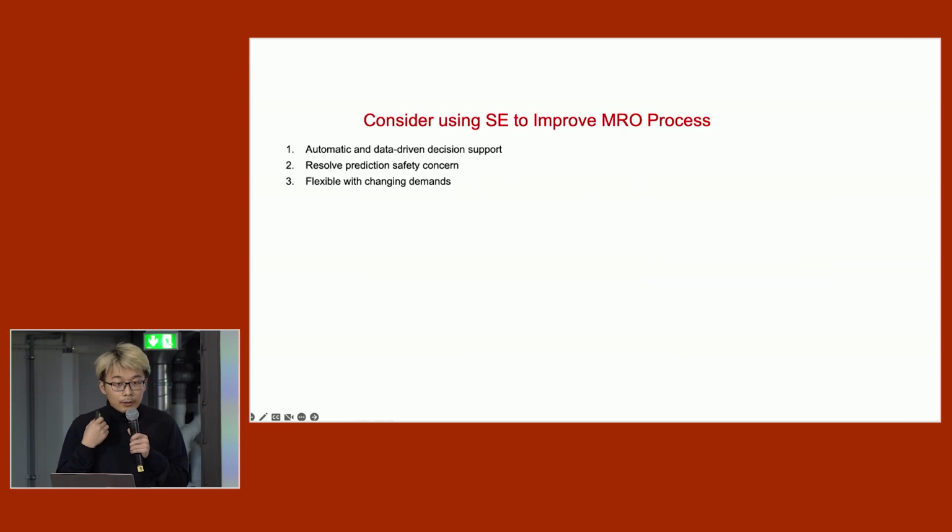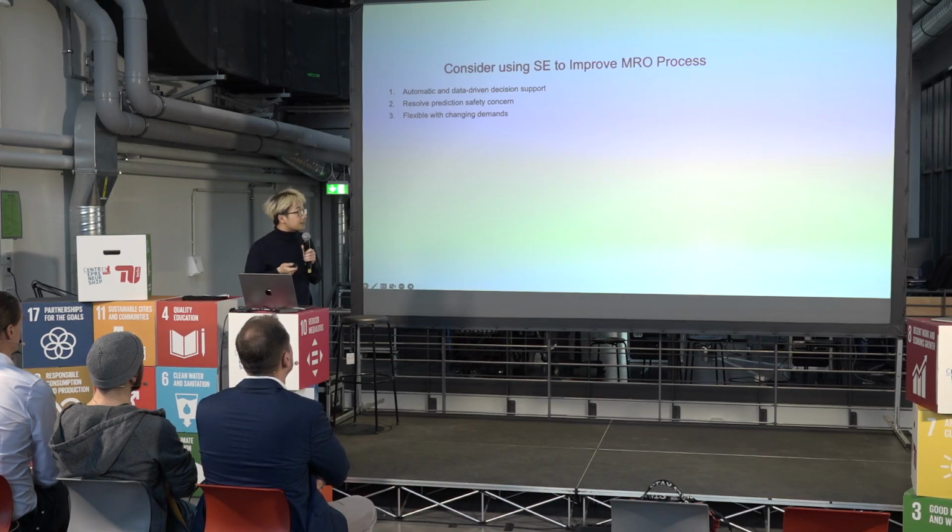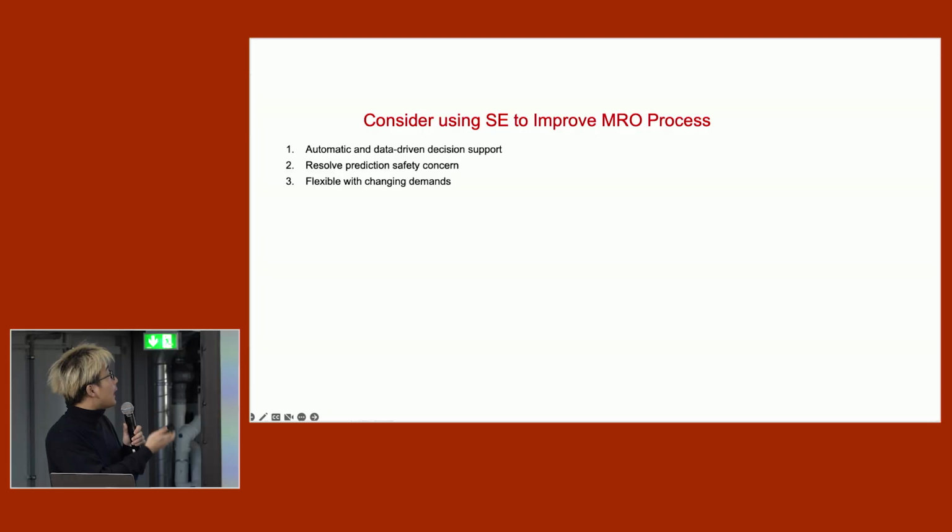Therefore, we encourage you to think about using Smart Export to improve ML processes. As you can see here, Smart Export can automatically provide data-driven decision support. It can resolve prediction safety concerns as well. Last but not least, it's flexible with changing demands.